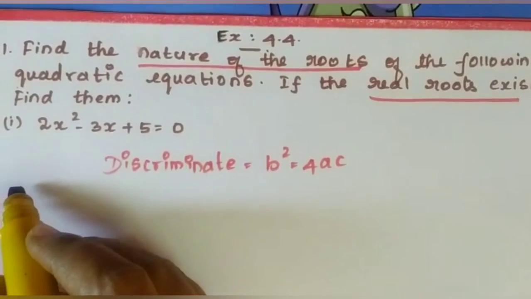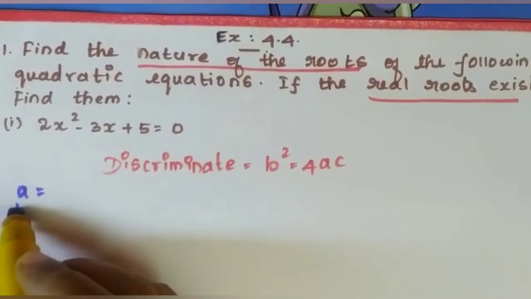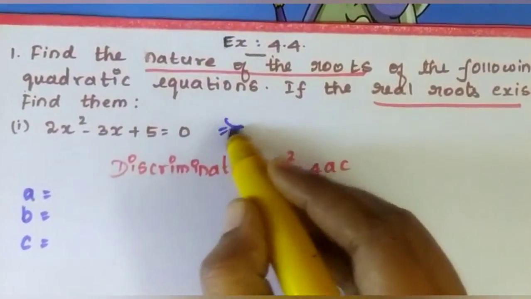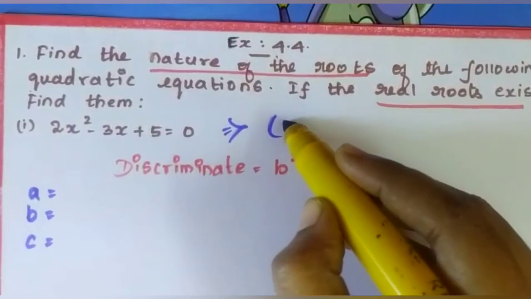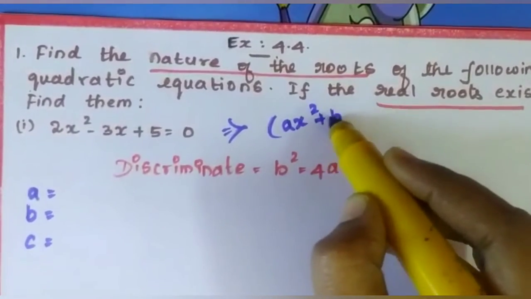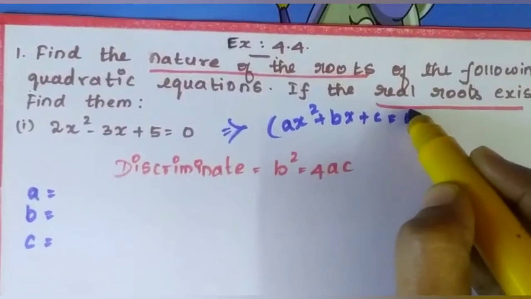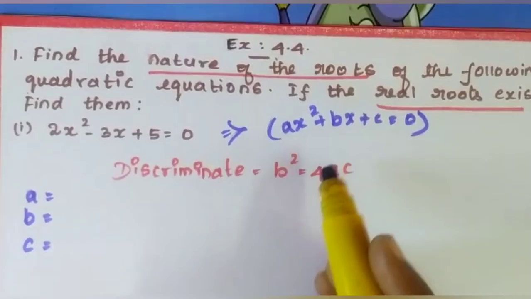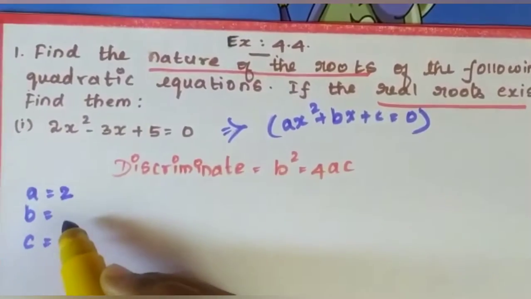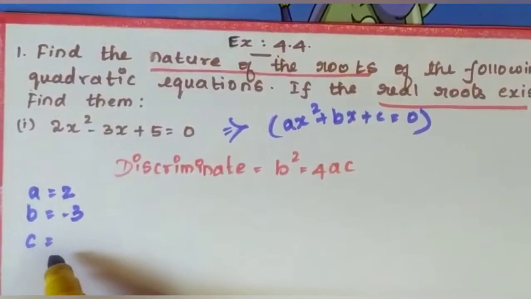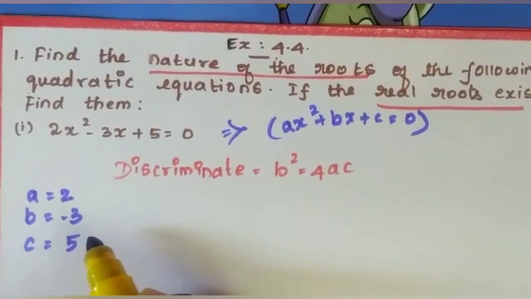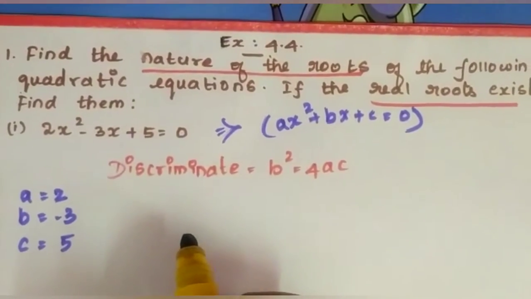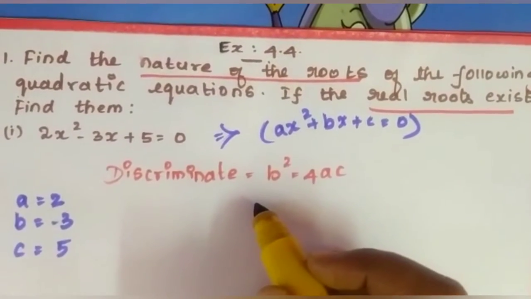Then you have to find what a, b and c are. We compare with ax square plus bx plus c equals 0, the quadratic equation general form, and find the values. a is 2, b is minus 3 and c is 5. Then you have to apply them in the discriminant formula.